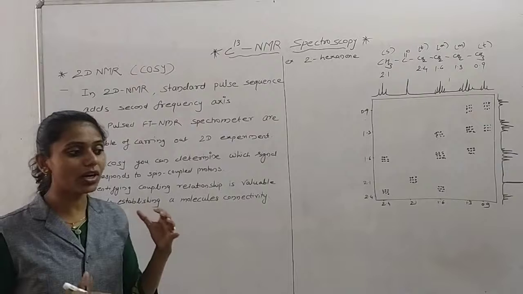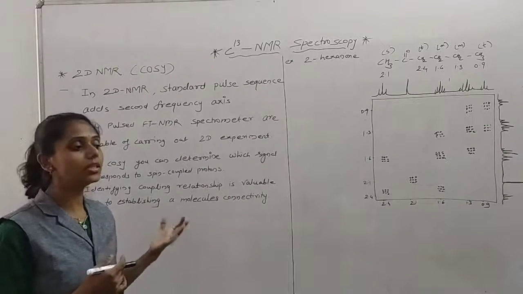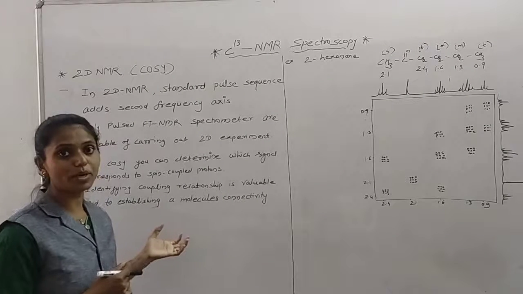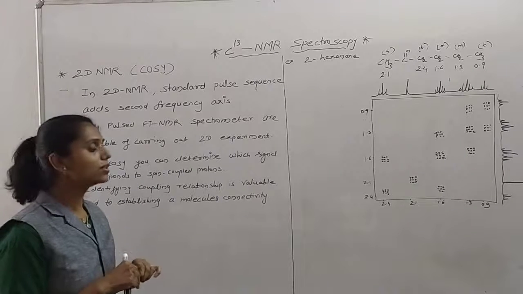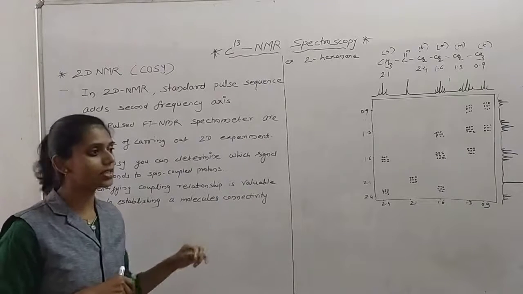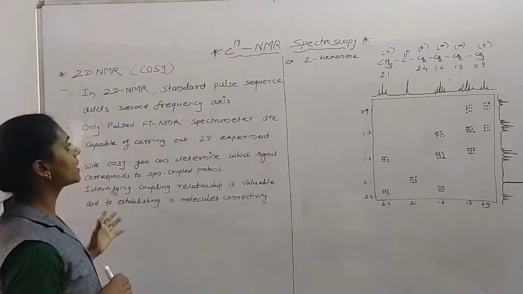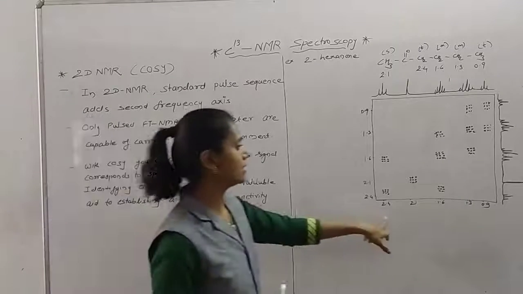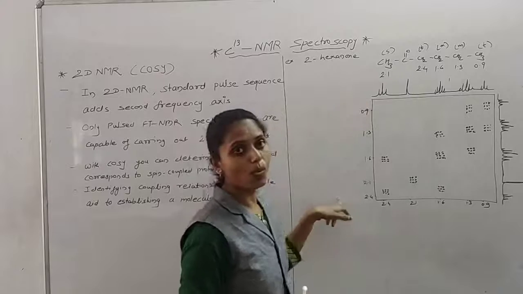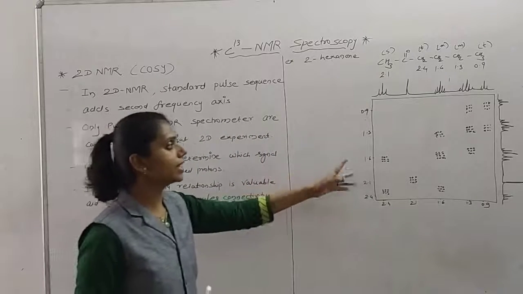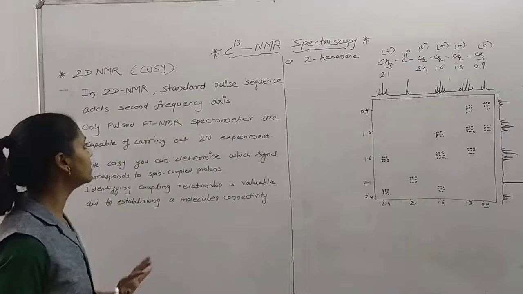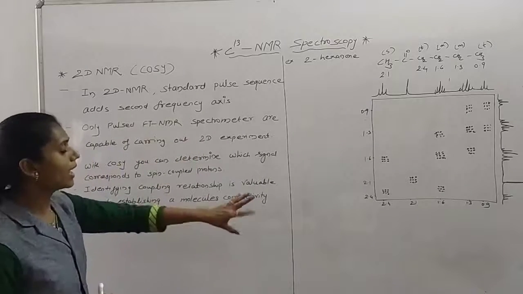In previous spectroscopy there is only one axis, but in this spectroscopy there are two axes, the x-axis and the y-axis. According to these two axes, they show the relationship between the two.